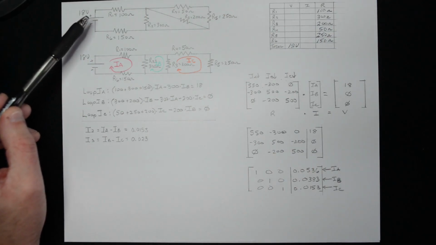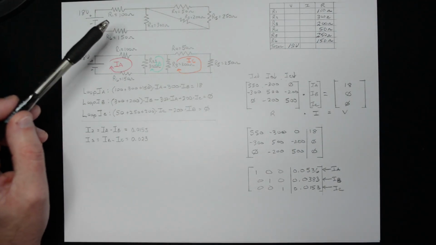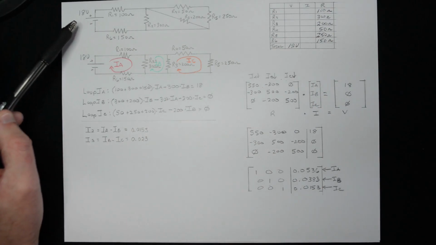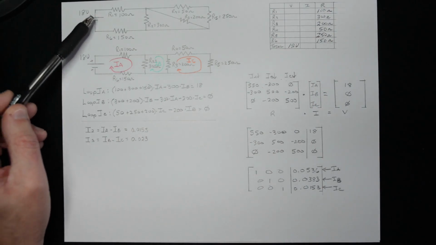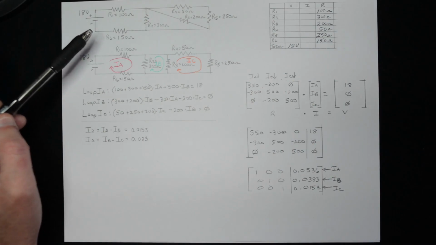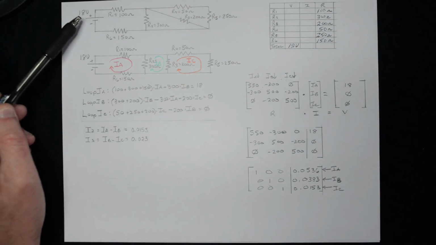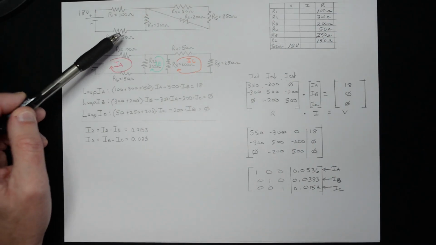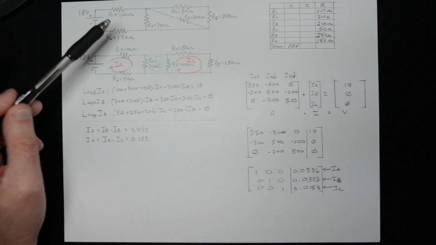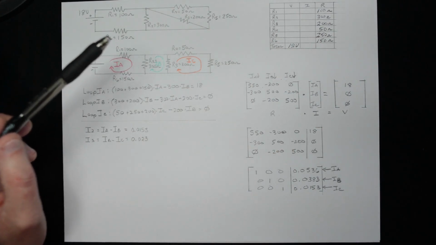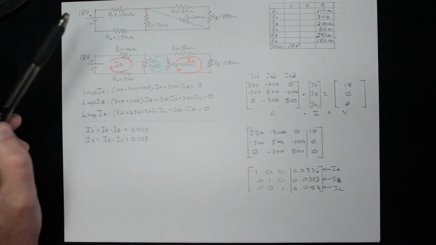But because this does involve some visual trickery, I thought I would throw this in here before I move on to the third video at some point in the future, where I'm going to add an extra power supply in there. So for my electrical 1 and 2 students, you will never see a second or third or fourth power supply added into a circuit. It's just not the path that those courses are on.